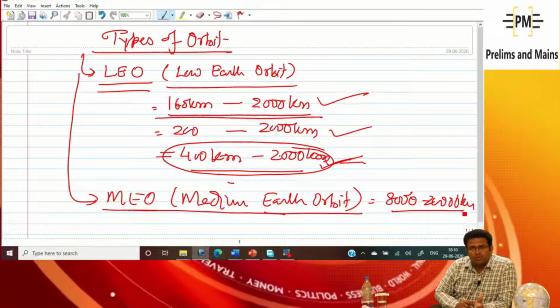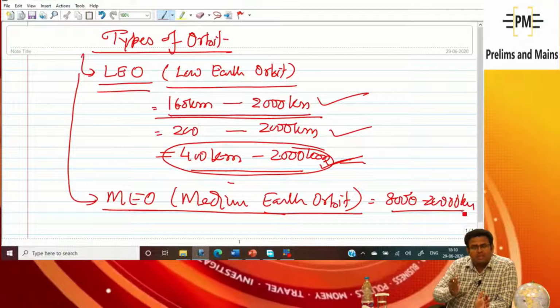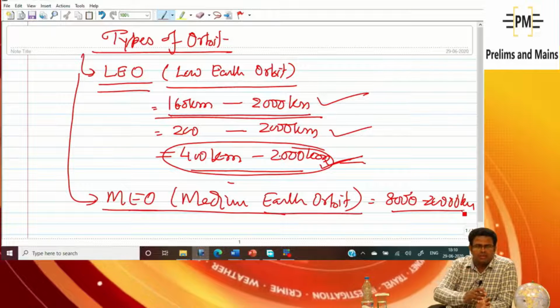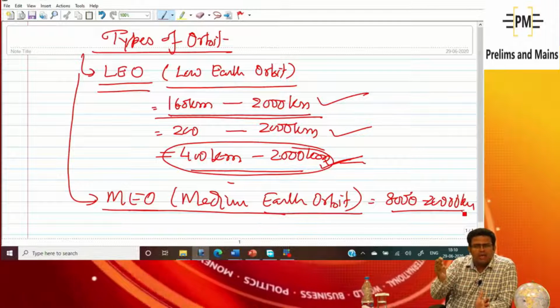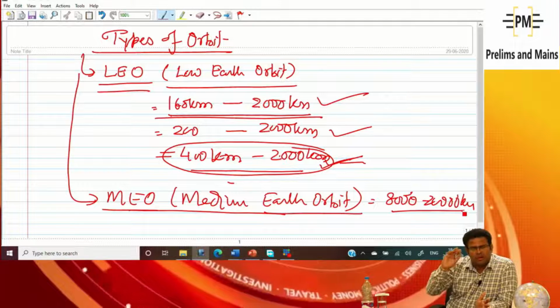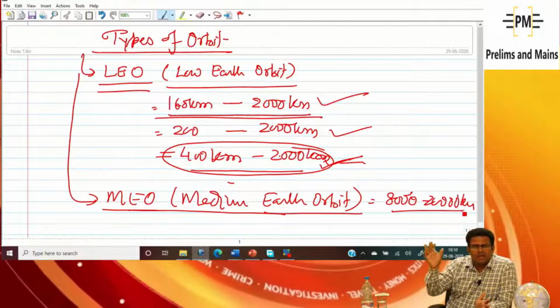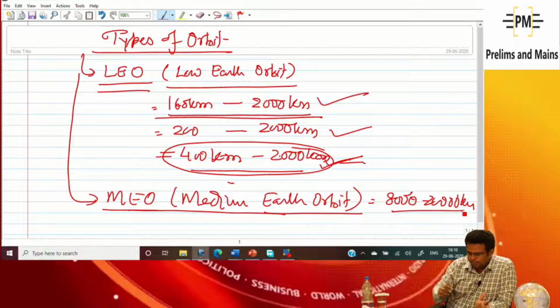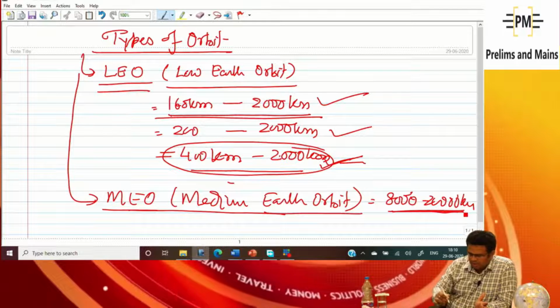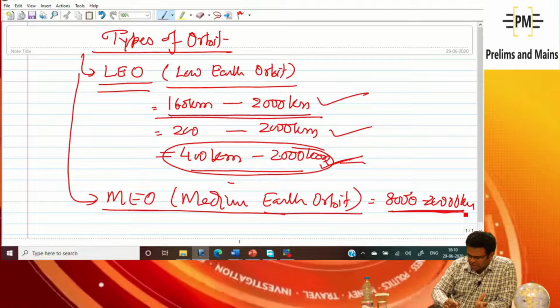Some say it starts from 2,000 to 20,000, but there is no such orbit between 2,000, 3,000, 4,000, 5,000, 6,000. The orbit generally starts for the satellites from 8,000 kilometer, 8,000 to 20,000 kilometer.